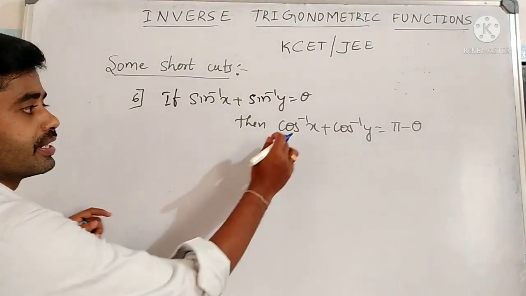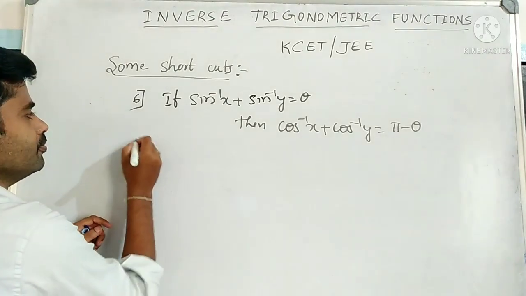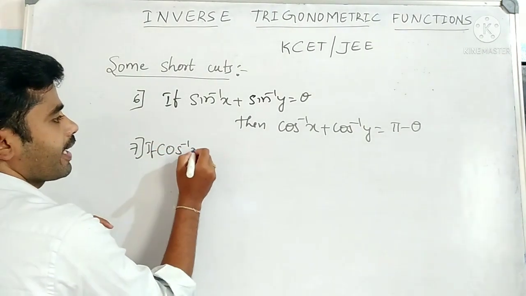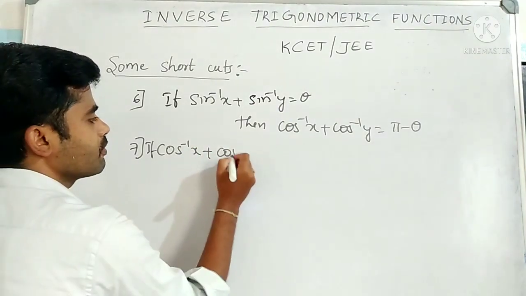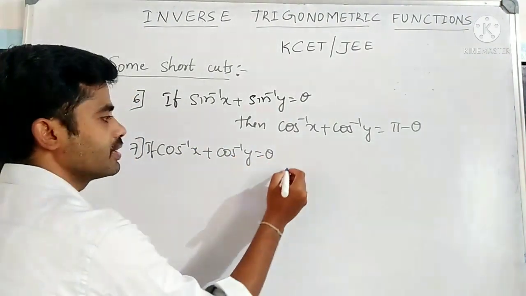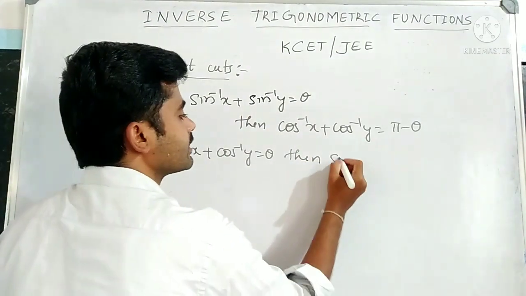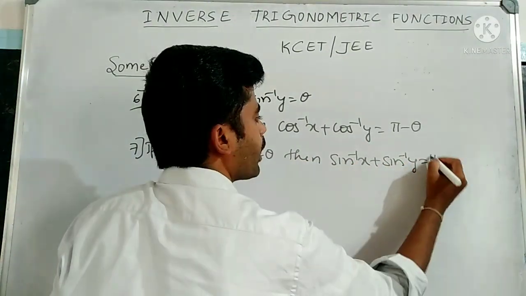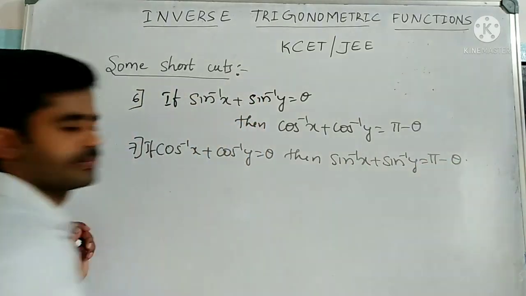In the same way, if cos inverse x plus cos inverse y is equal to theta, then we can write sin inverse x plus sin inverse y is equal to pi minus theta. Okay?